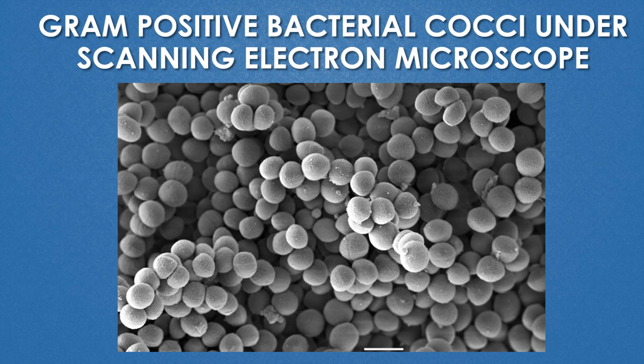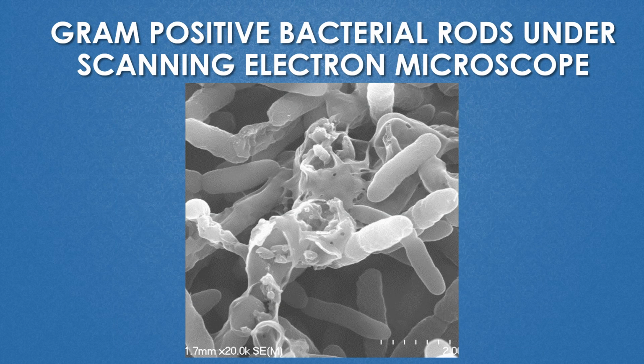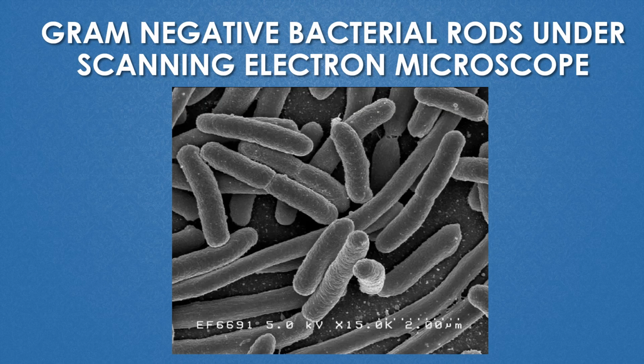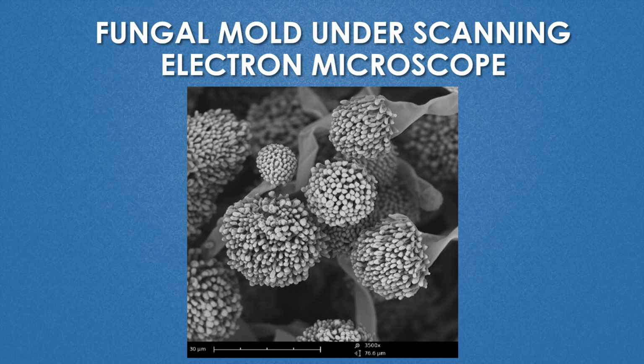This image shows gram-positive bacterial cocci under the scanning electron microscope. This image shows gram-positive bacterial rods. This image shows gram-negative bacterial rods. This image shows a fungal mold.